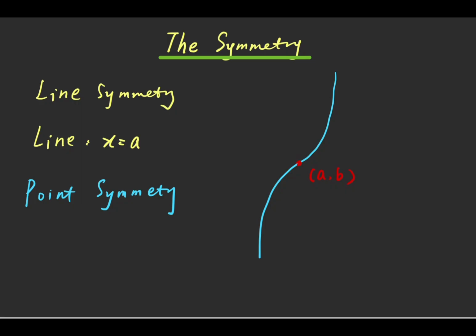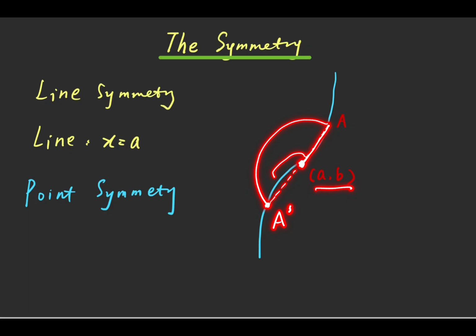For example, if you have this point A, and you rotate this point A about this point (a, b), you get A prime.